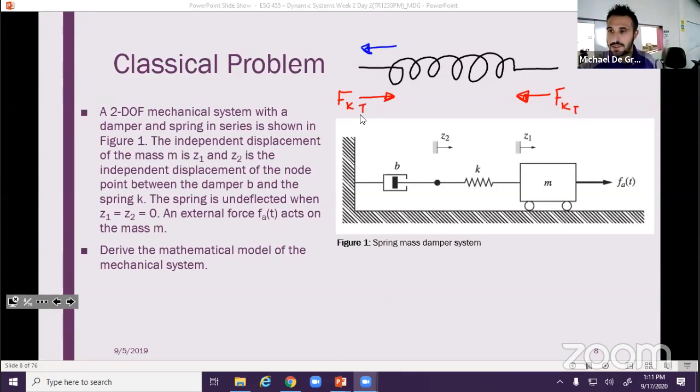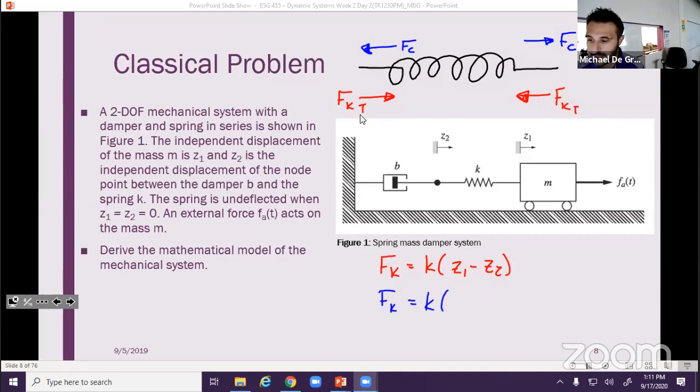If it's in compression, it's going to want to pull back out. It doesn't matter which direction you decide it's going to move in. But what this does affect is whether you write Fk is equal to K(Z1 minus Z2), or Fk is equal to K(Z2 minus Z1). That's what it affects.